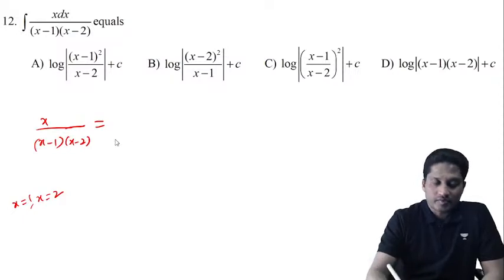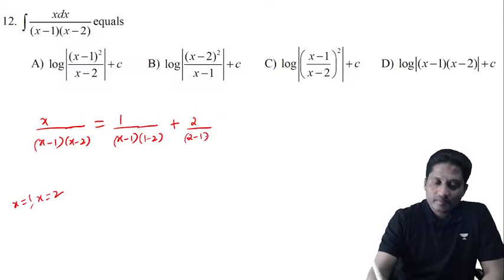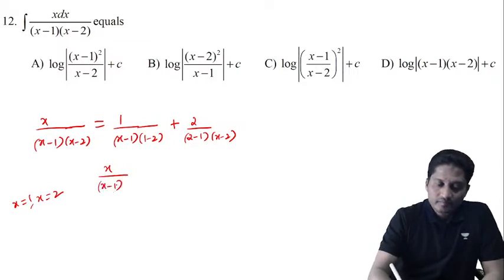Put the first root as 1: you get 1 divided by x minus 1 into 1 minus 2. Put x as 2: you get 2 divided by 2 minus 1 into x minus 2. So x divided by x minus 1 into x minus 2 is equal to minus 1 by x minus 1 plus 2 by x minus 2.